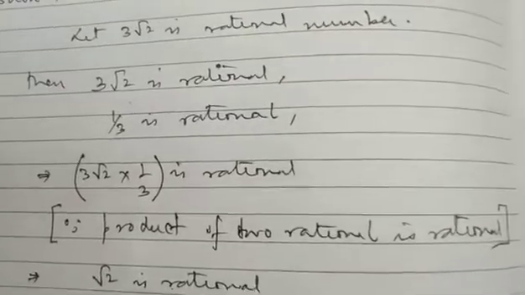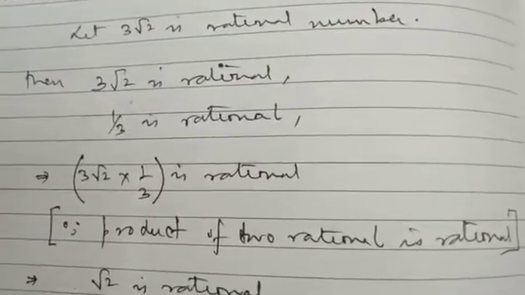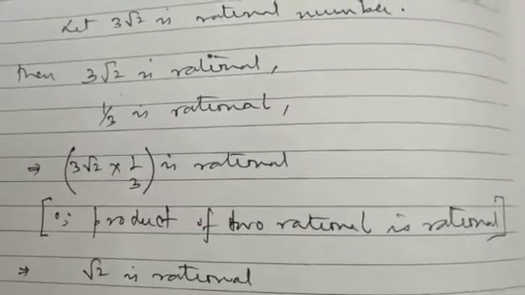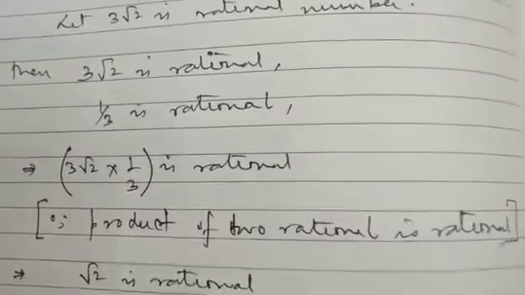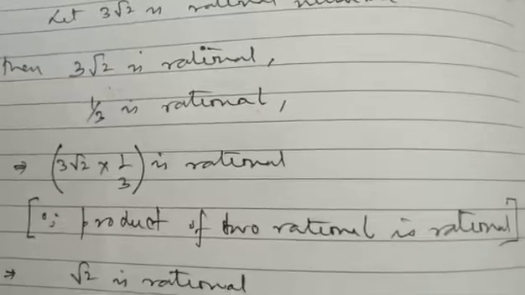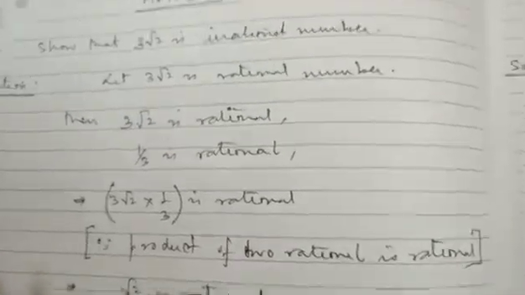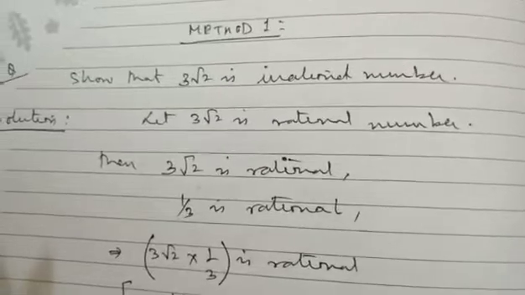That means if a question is solved by method number 1, it should be completely solved by method number 1. It is not that in the first line you take up method number 1, in the second line method number 2, and again you come back to method number 1. This is not allowed.